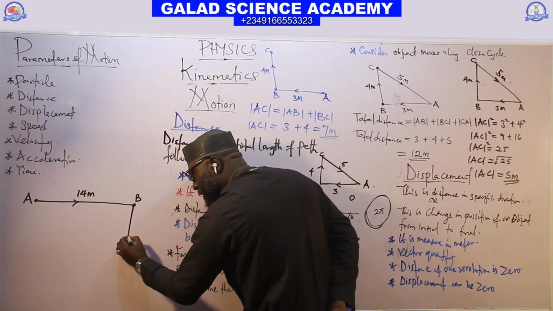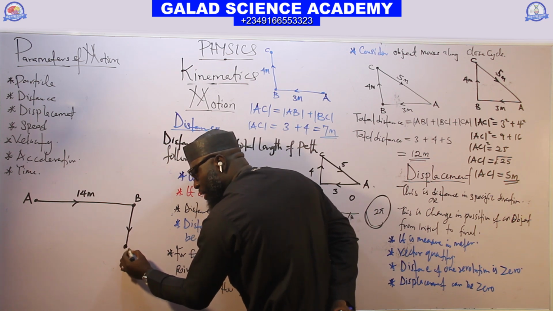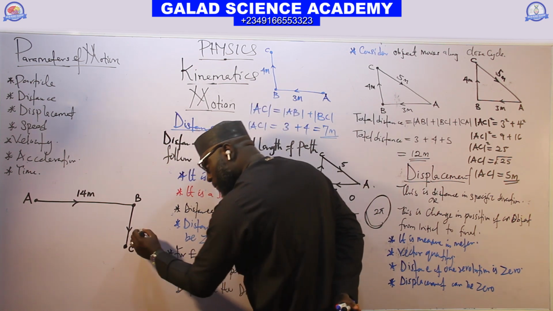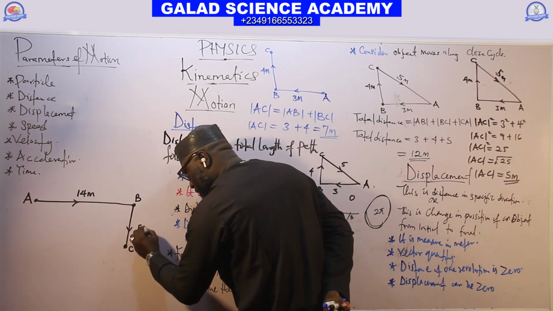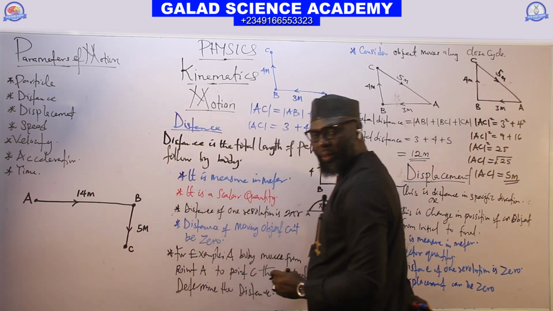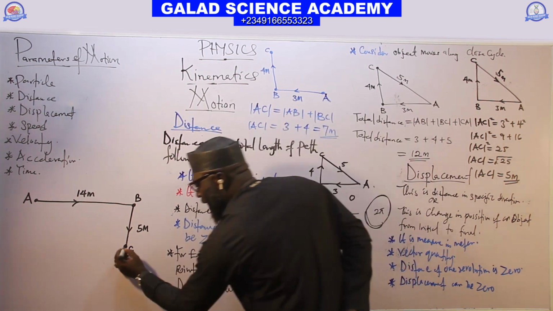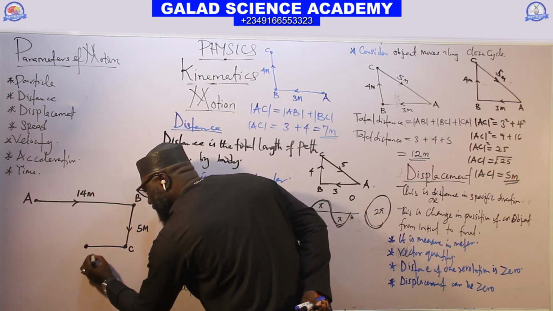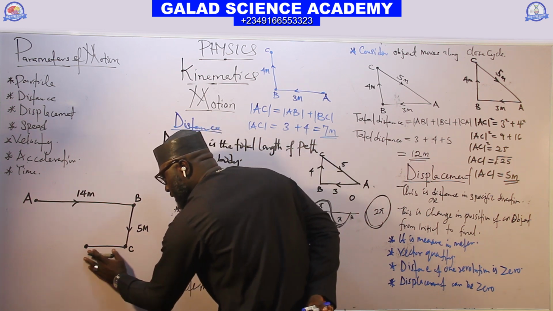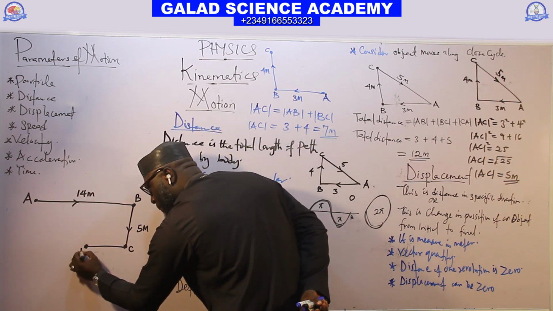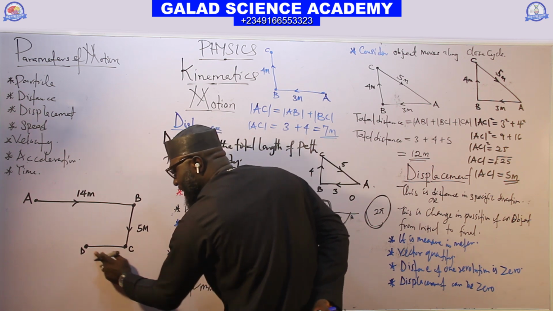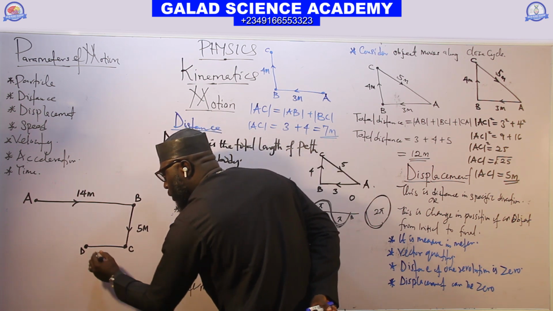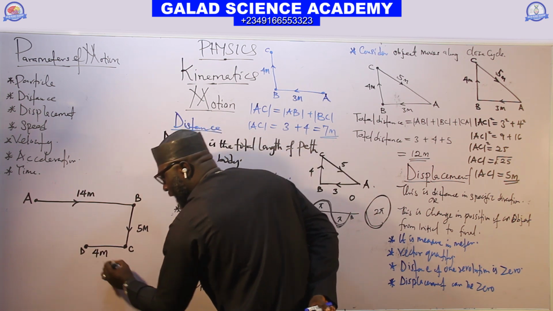And from this B to point C, let's call it 5 meter. And this body now moves from B to point D. Assume the distance between C and D is 4 meter.